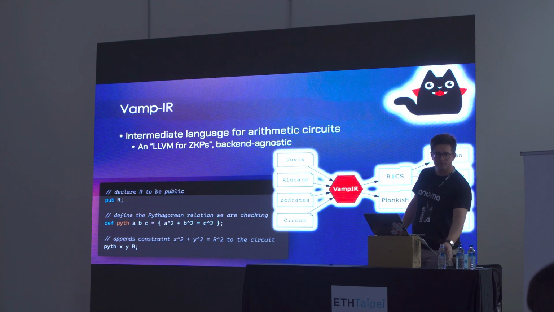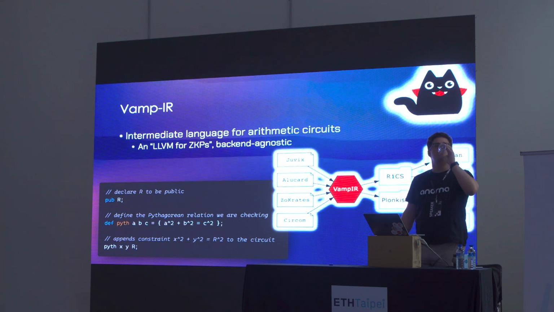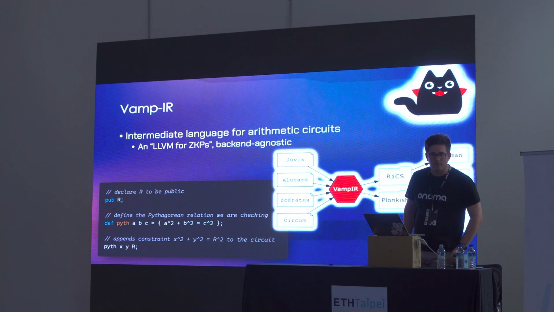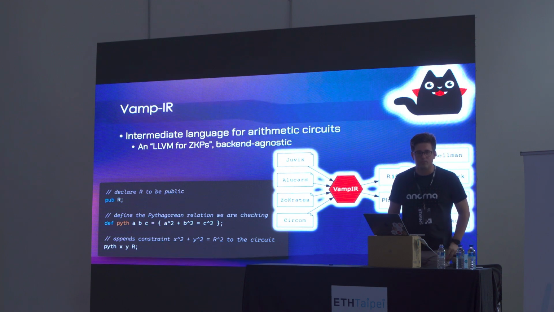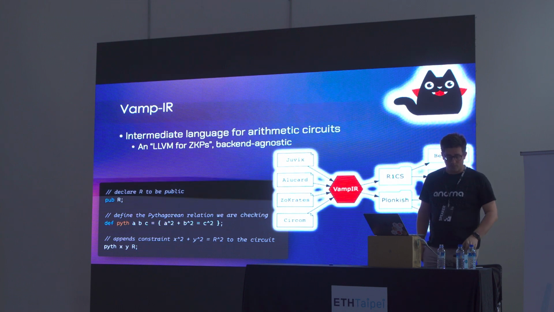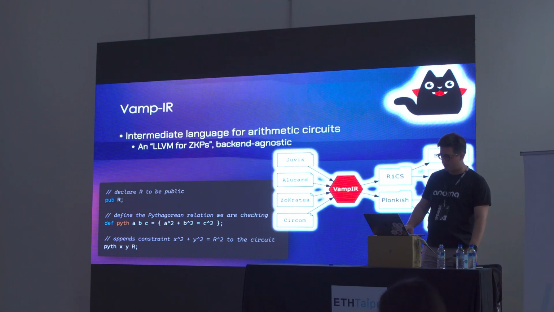Okay, one last question. Great talk. I was wondering, how do you verify different states from the different dapps? Because each dapp maybe has its own proof generation. So how do you make a verifier work across different dapps?